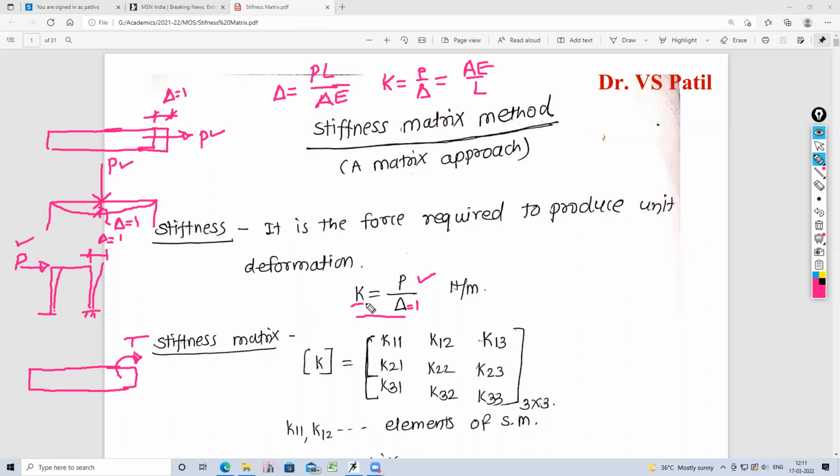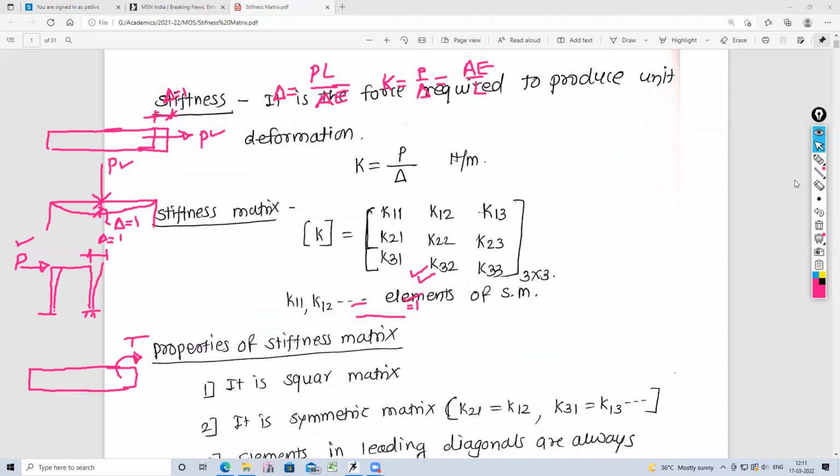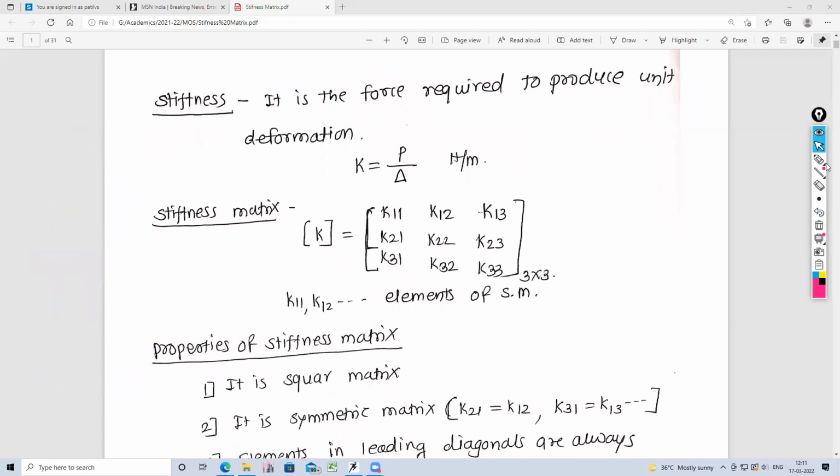First, generate a stiffness matrix, then a load matrix, then a displacement matrix, the delta matrix, and then combine these three matrices by using the equilibrium equation. So we will get the unknowns. That is the stiffness matrix method of analysis.